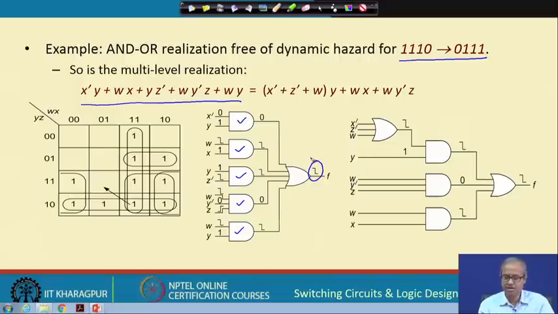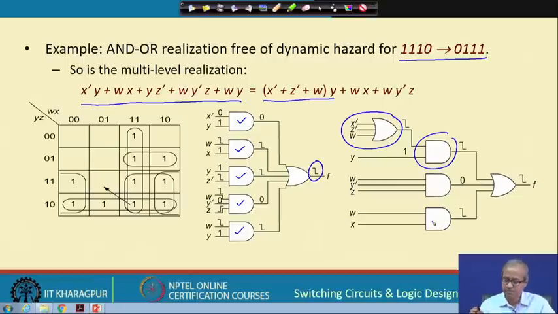Now, I am saying that I want a multi-level realization. The objective may be to use fewer gates. So, I can do some factoring, I can apply the distributive law, I can take y common from these 3 terms and I can write it like this. So, I can use an OR gate in the first level to implement this sum term, then AND it with y, then the other two terms remain as they are.